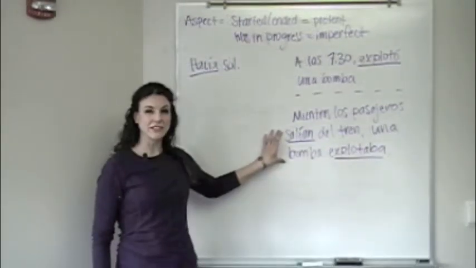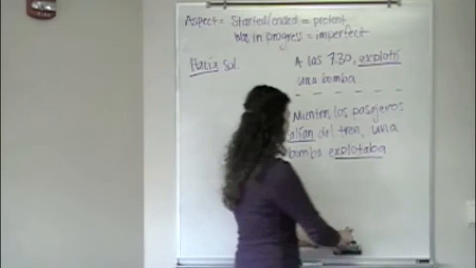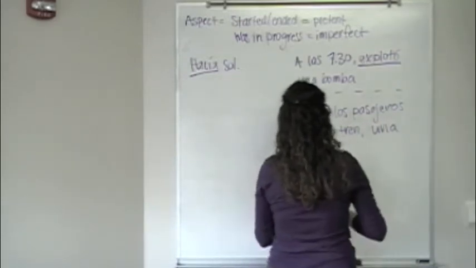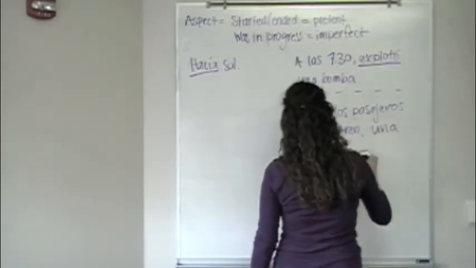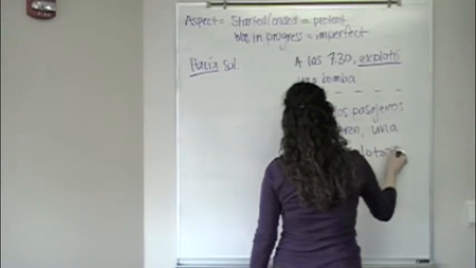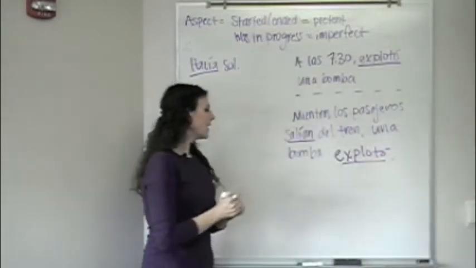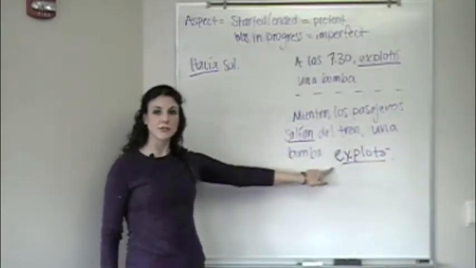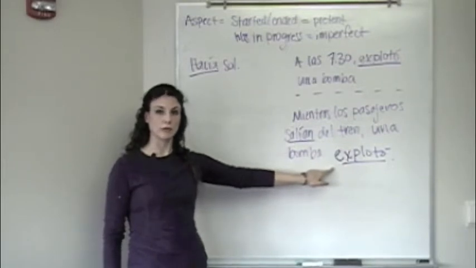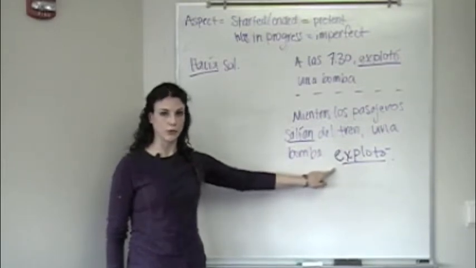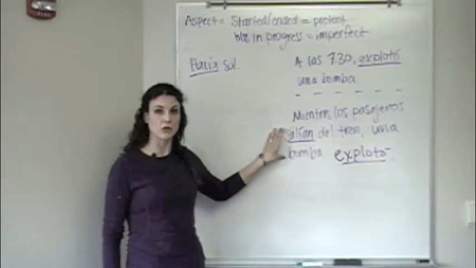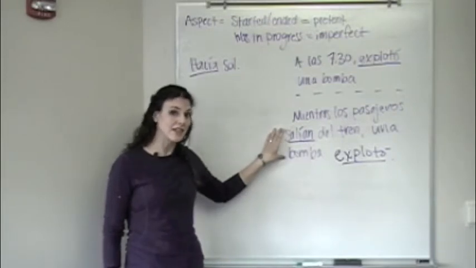Now, let's make a little change. As you can see, we've changed this verb from the imperfect explotaba to the preterite explotó. Both of these sentences are grammatically correct, but they mean different things.